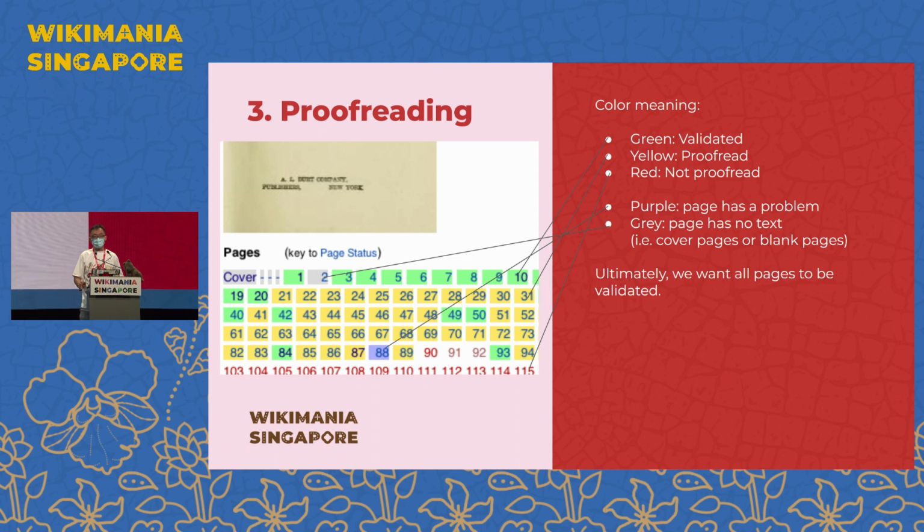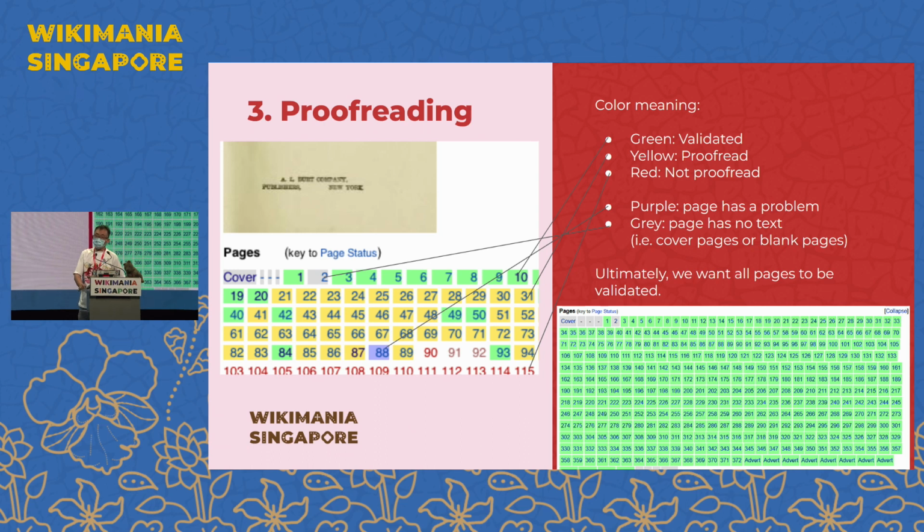Any kind of problem, you can mark the page as purple. The last one is gray. Gray color means there's no text on that page. It could be an empty, blank page, or any kind of page that doesn't have real content.